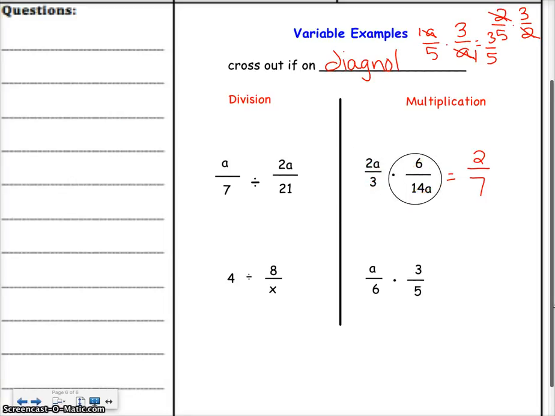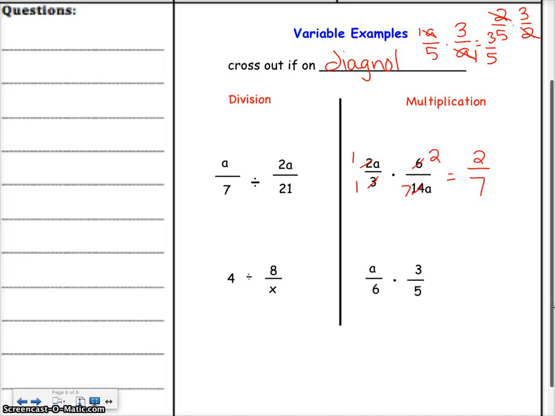I could do another example where, if you don't love crossing out the variable, it might confuse you. You might not know how do I know I can cross it out? You can just cross simplify your numbers as you normally do, and then apply what we did in Unit 2 with simplifying algebraic fractions.